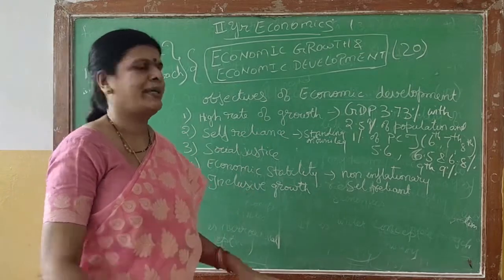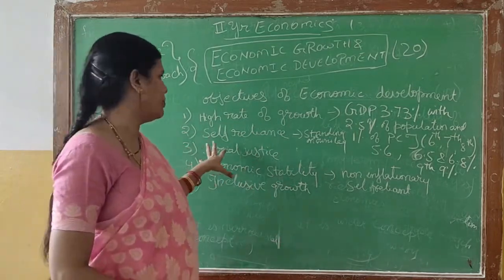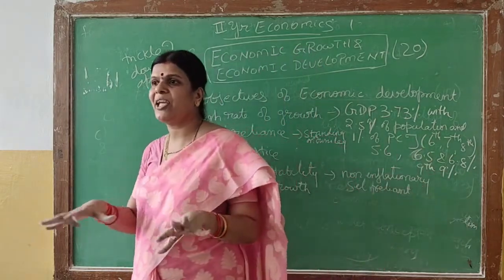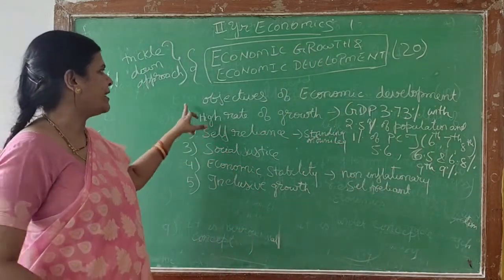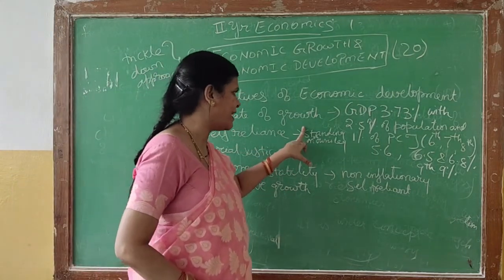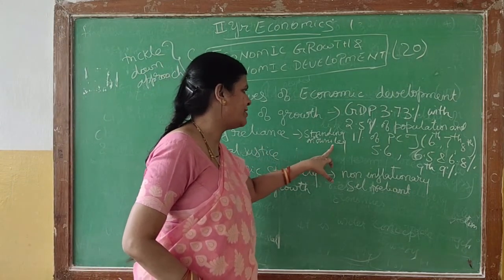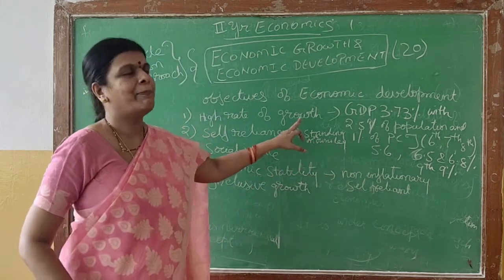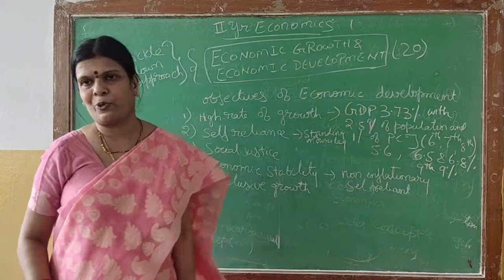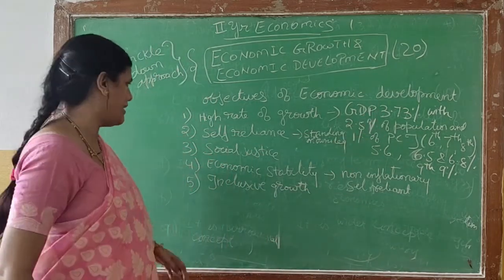We should minimize imports. If we do not restrict these imports, what happens? Developed countries take advantage. So the second objective of economic development is self-reliance. What is self-reliance? Standing on one's own leg. It means minimizing imports and increasing exports.